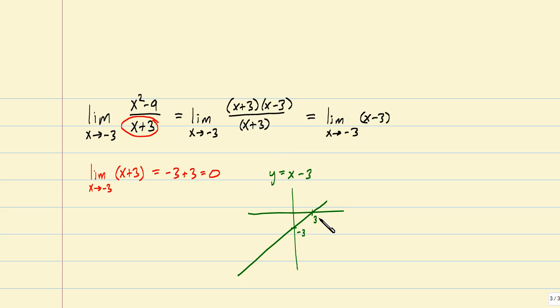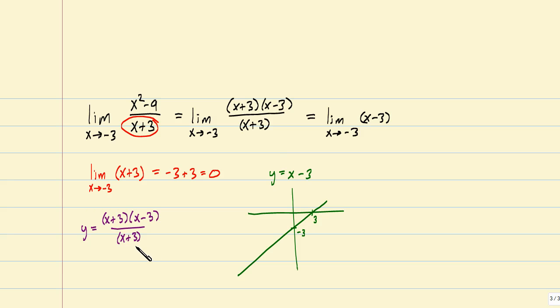Now let's consider the graph of this, the graph of x plus 3 times x minus 3 over an x plus 3. Think about this. For many, many values of x, for example, when x is 7, this is 10 times 4 over 10. The 10's cancel. When x is 2, this is 5 times negative 1 over 5.